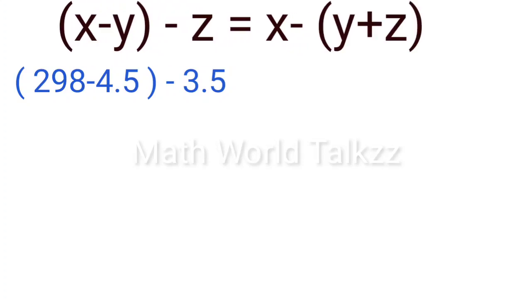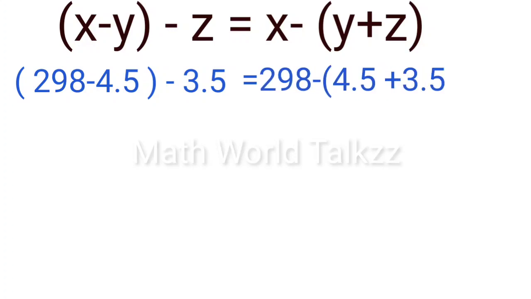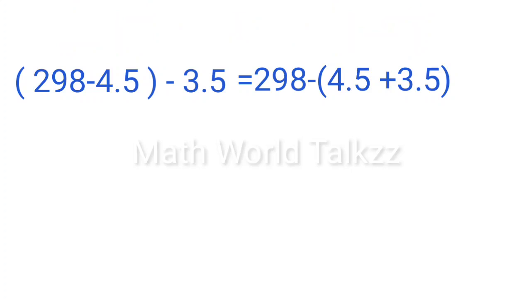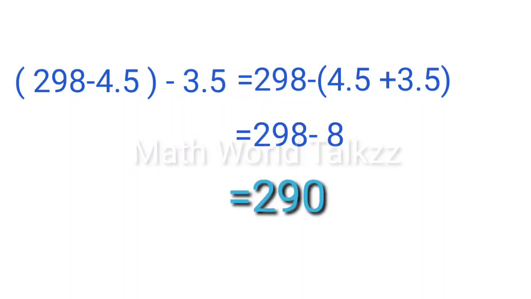So we can write 298 minus, inside the bracket, 4.5 plus 3.5. Then we want to do 4.5 plus 3.5. So 4 plus 3 is 7. 0.5 plus 0.5 we will get 1. So 7 plus 1 is 8. Then we can subtract easily from 298, and the answer is 290.